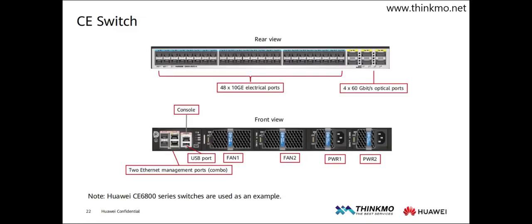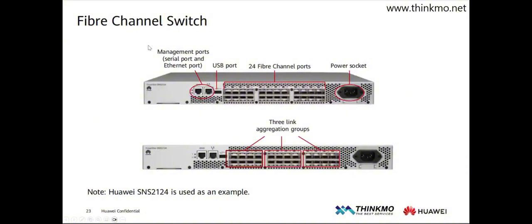And there's another type of switch that is generally used in dedicated network environments. We have FC switches. This type of switch is equipped with 24 FC ports supporting 8G or 16G and also 32G speeds. Its latency is very low, extremely low. As for the CE switch we mentioned earlier, its latency is at the microsecond level.